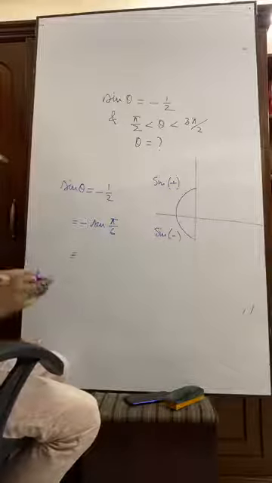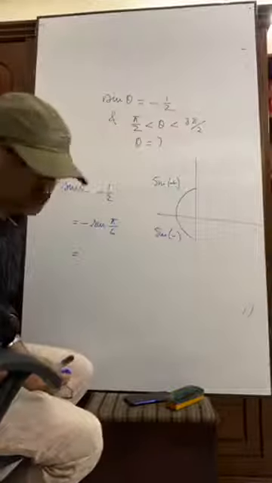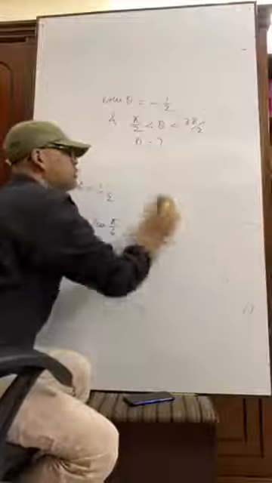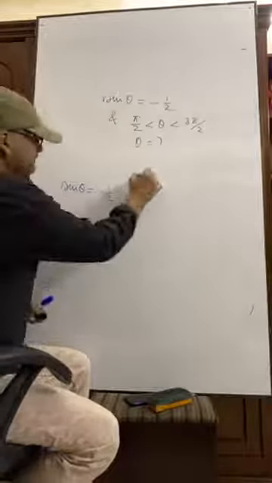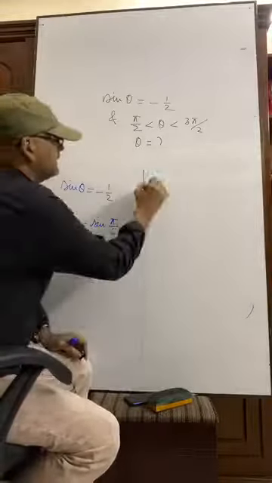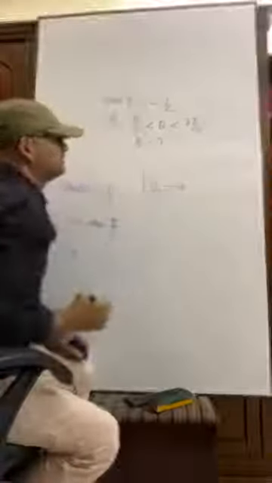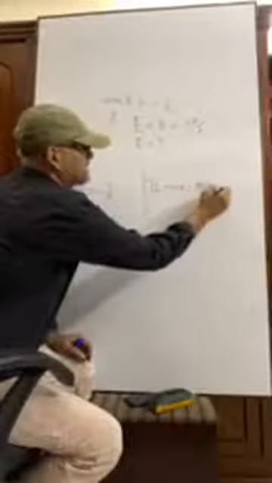And you see in which quadrant our angle lies? Third quadrant. So there is a formula, I think all of you know it. Can you tell me the formula? Write down. Second quadrant, it is pi minus theta.